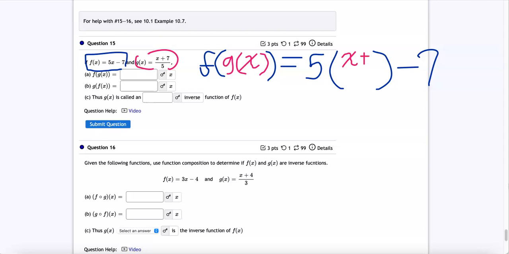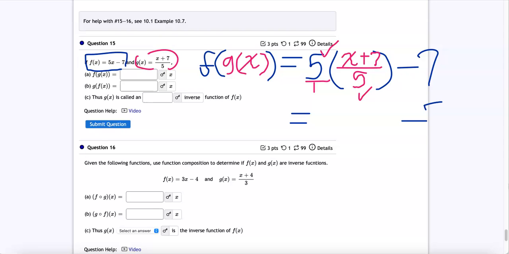Now if you distribute the 5 to the numerator, that's actually going to be inefficient. Instead, what you want to do is recognize that this is a 5 over 1, and then cancel this 5 here with this 5 here, and then that is going to leave you with x plus 7 minus 7.